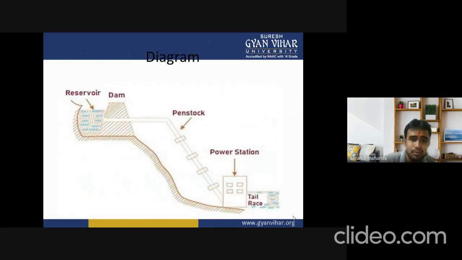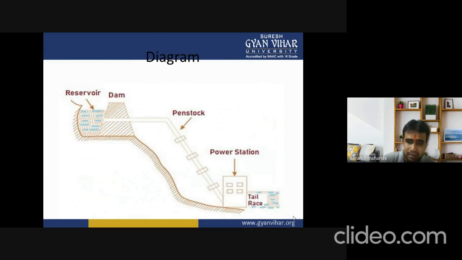And this is the diagram of this concept. Here we will discuss the reservoir, dam, penstock, power station, and the tailrace, which is connected to the power station and is used to store the energy after this process.